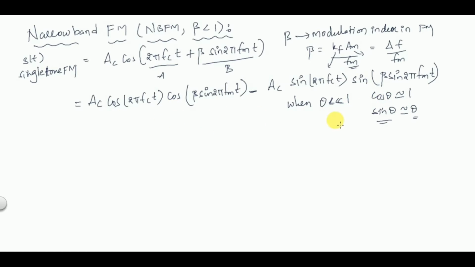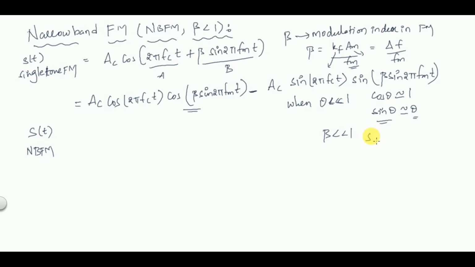Now we apply this concept in this equation, because we are finding it for NBFM. For narrow band FM, the consideration is that the beta value is less than 1.